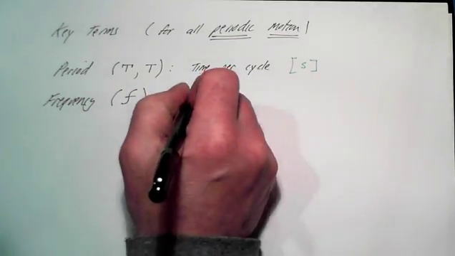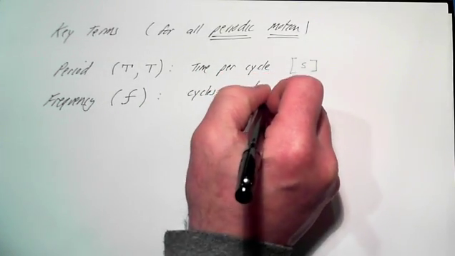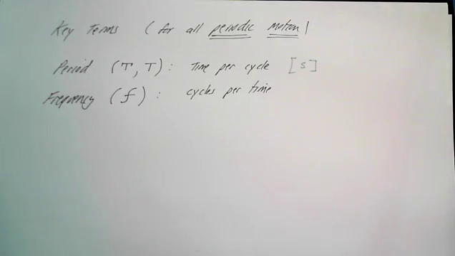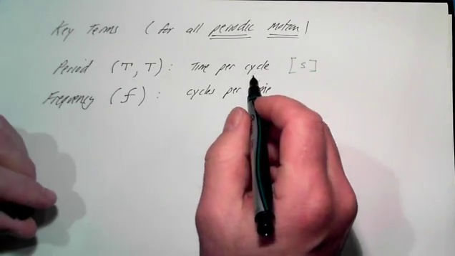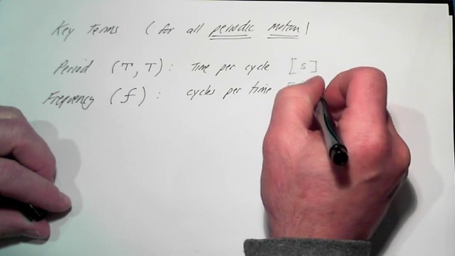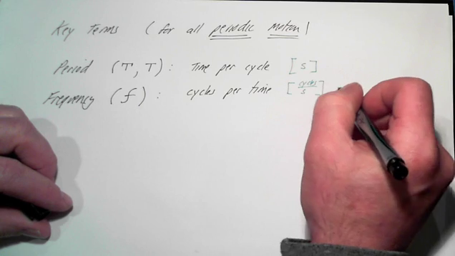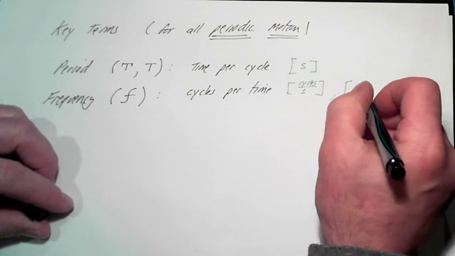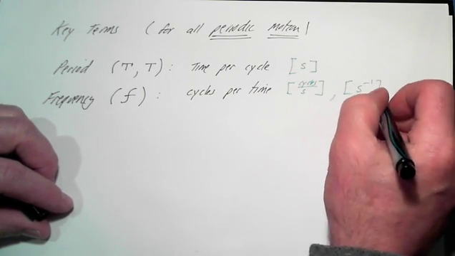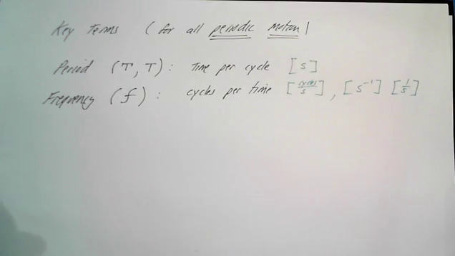This is the cycles per time, and it has units of cycles per second, but oftentimes we just see that written as per second, which you can think of as 1/second, which is a kind of strange looking unit, but that's what it is, cycles per second.